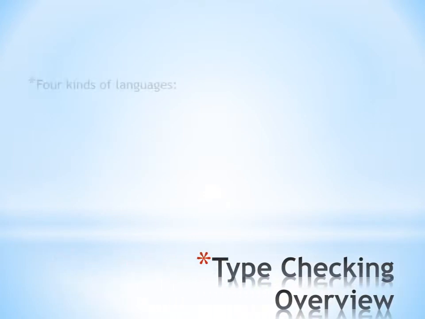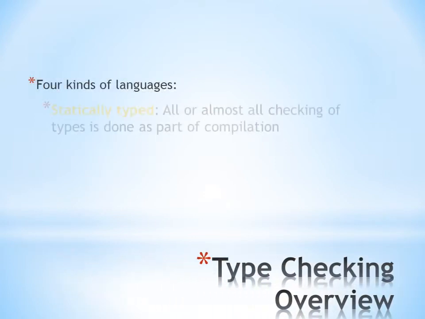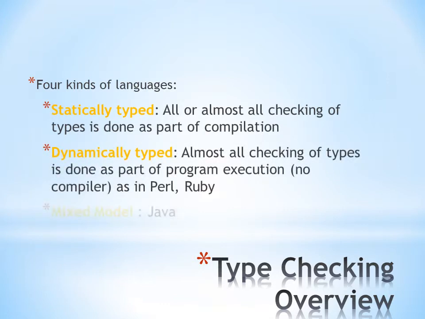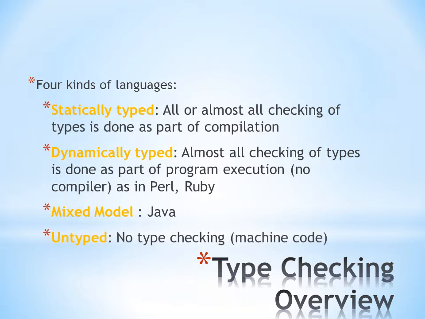Type checking falls into four categories of language types. They are statically typed, dynamically typed, mixed model, and untyped. When we consider statically typed, all or almost all checking of types is done as part of compilation. In the dynamically typed model, almost all checking of type is done as part of program execution.